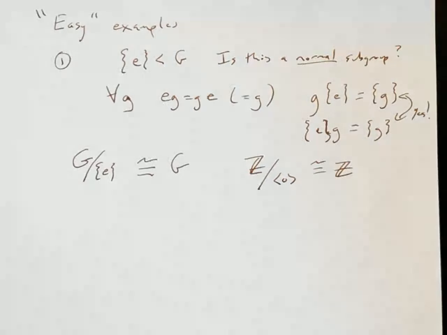So while that is a true computation, and I figured out what my factor group looks like, I just relabeled everything as its own coset. It doesn't help me very much, does it?